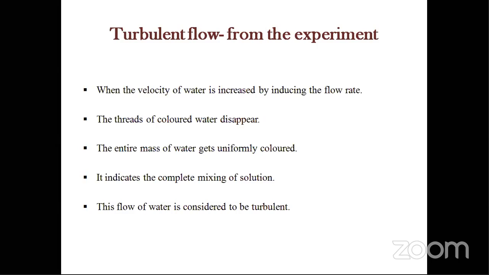What you see, unlike the laminar flow series with its straight line, is that the threads of straight line disappear and the entire mass of water gets uniformly colored. The total water gets colored. It indicates complete mixing of the solution with the colored liquid. The water is completely mixed with the color, and the flow of water is considered turbulent flow.